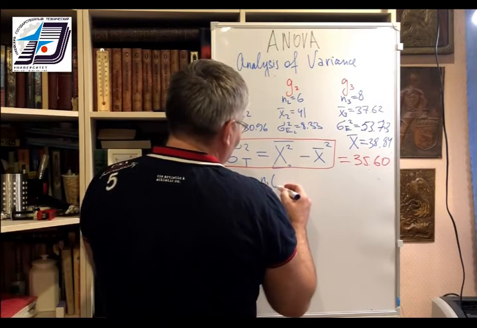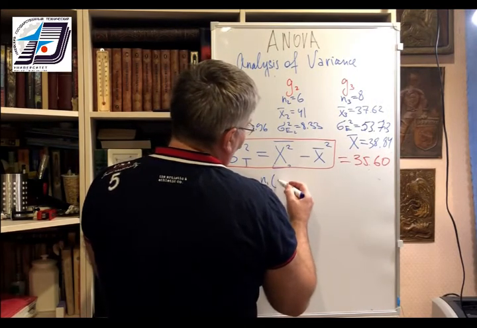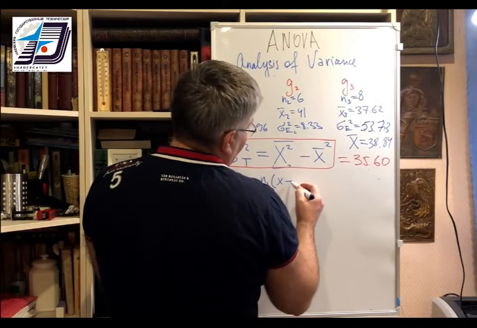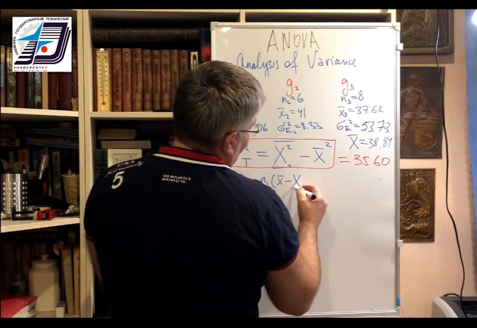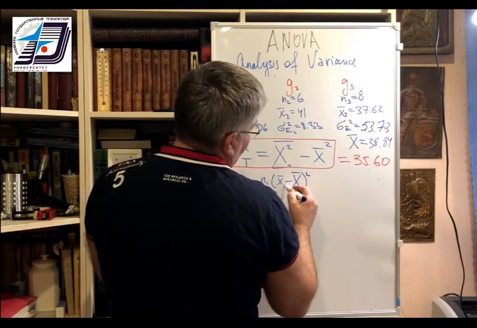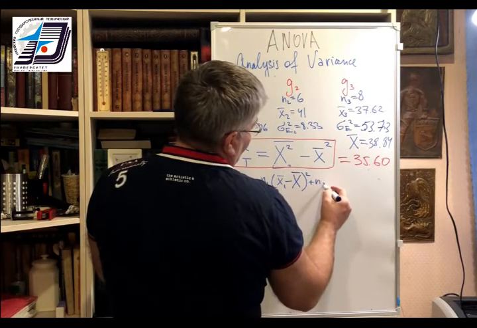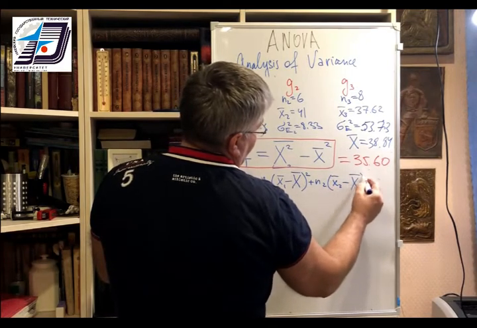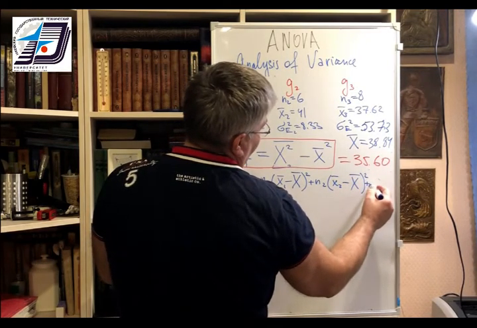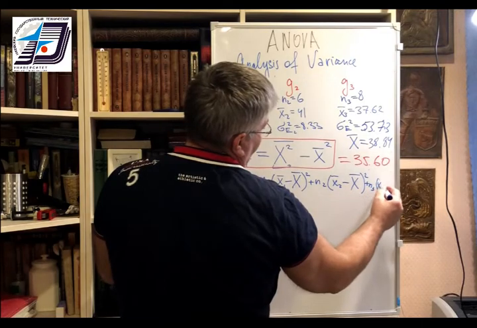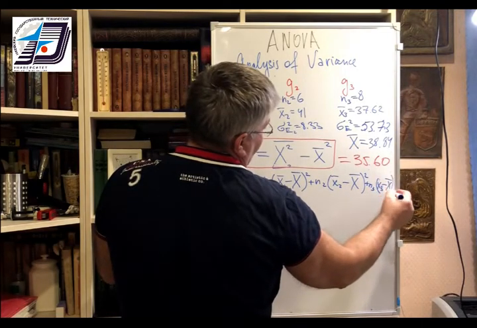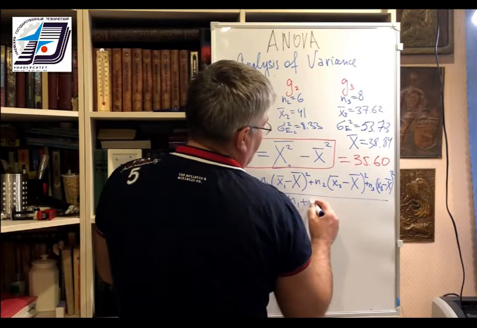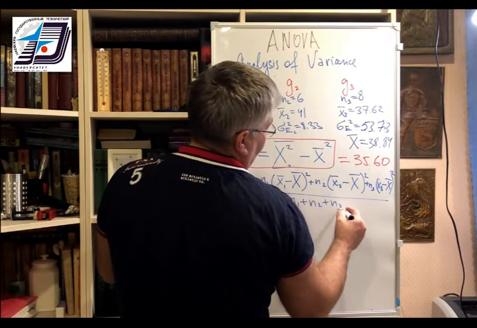So you can calculate n1 times x1 minus x grand squared, plus n2 times the same, and n3 times the same, over n1 plus n2 plus n3.